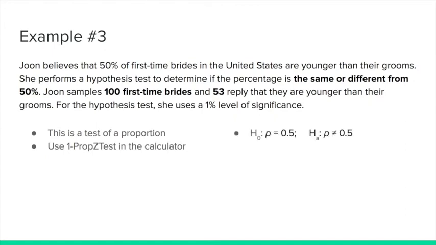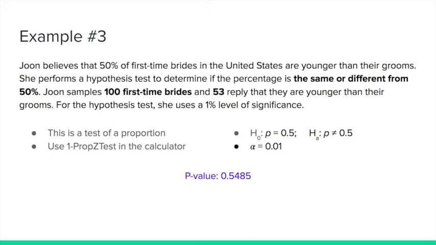Our null is going to be that the proportion p equals 0.5. The alternative will be that p is not equal to 0.5. We're using a 0.01 alpha, and if we go through and punch some numbers into the calculator, our p naught is 0.5, our x is 53, our n is 100, and we want to select not equal to, and we should get a p-value of 0.5485.